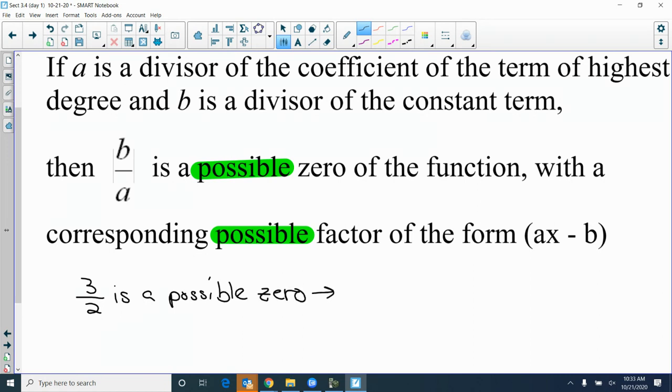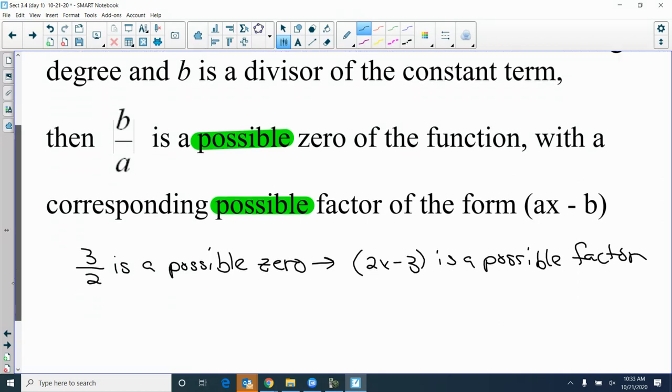If 3 over 2 is a possible zero, how does that become ax minus b? What's that going to look like? 2x minus 3. So 2x minus 3 will be the factor. Okay, so then 2x minus 3 is a possible factor.